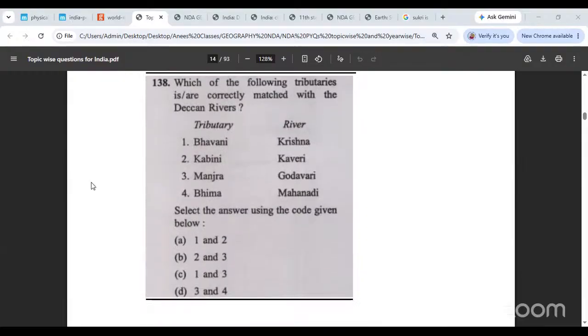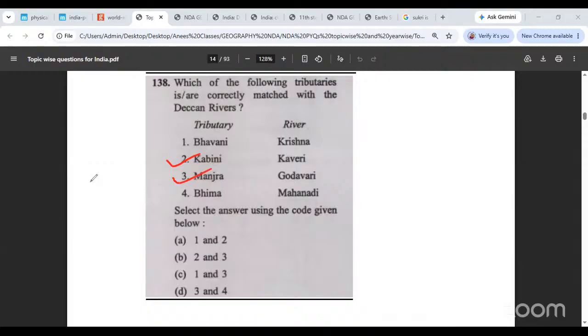Moving on, which of the following tributaries are correctly matched with the Deccan rivers? Your options are Bhavani Krishna, Kabini Kaveri, Manjra Godavari, Bhima Mahanadi. कोई एक जो पता हो तो हम उसको एलिमिनेट करें। गोदावरी मांजरा इज करेक्ट। टू एंड थ्री सही है। Okay, we say Kabini, Kaveri is correct and Manjra Godavari is correct.